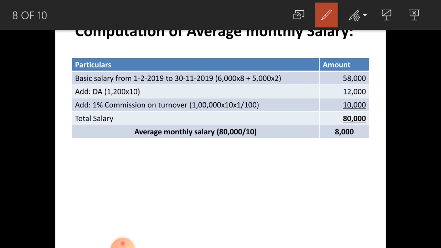Here not commission on the profit, here commission on turnover. Turnover is 1 lakh per month, you have to calculate for 10 months, so into 10 into 1%, that amounts to rupees 10,000. So his total salary for 10 months amounts to rupees 80,000 and average monthly salary is 8,000, that is 80,000 divided by 10.